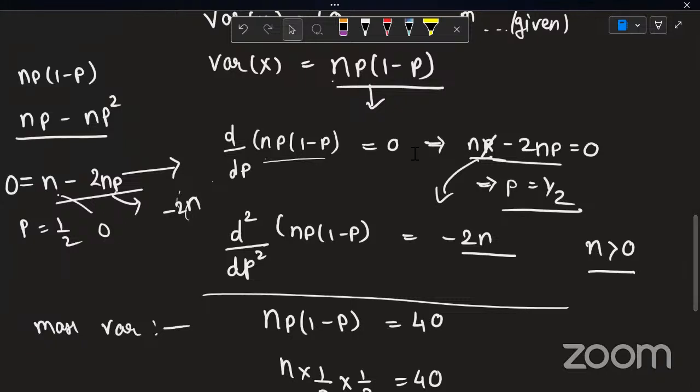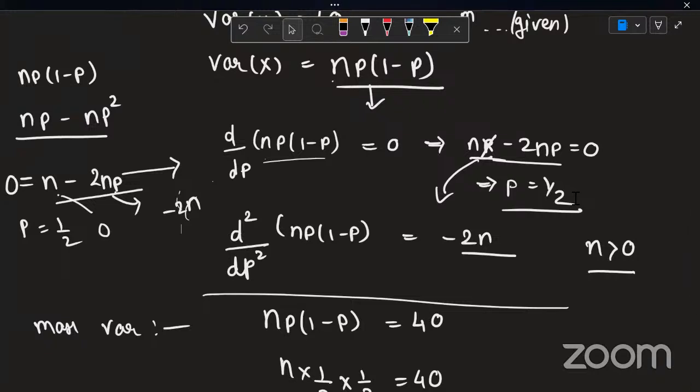So how do you find that? The first step is you just differentiate the given function with respect to the variable you want and equate it to 0. Then you will find some roots. Now this root is 1 by 2, but you don't know whether this 1 by 2 will give you the maximum or the minimum of the function.